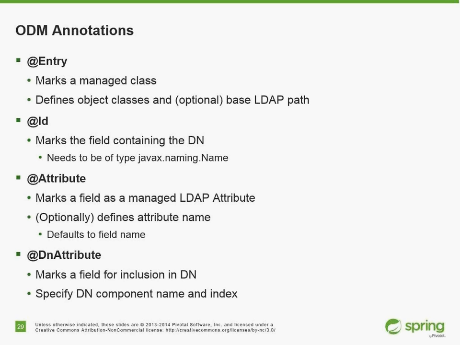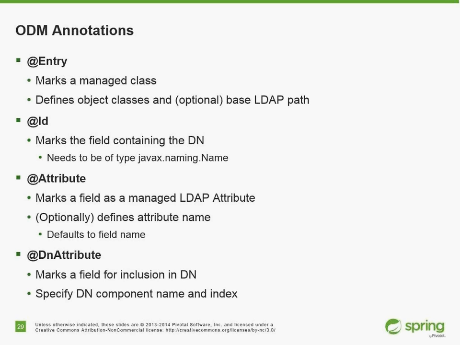And then you just annotate the other fields of your class with @Attribute. Marks it as a field that should be mapped to and from the LDAP entries in the tree. You can optionally define an attribute name in there. Otherwise, that would default to the field name. Finally, the @DnAttribute.